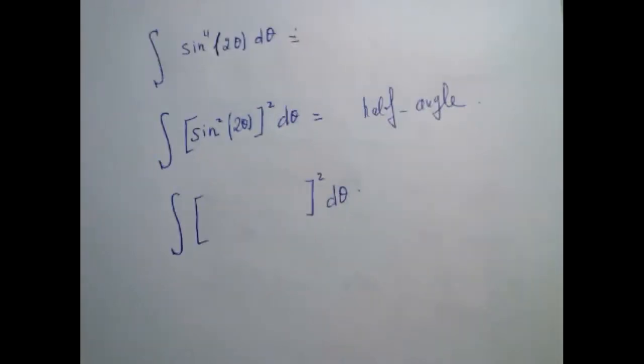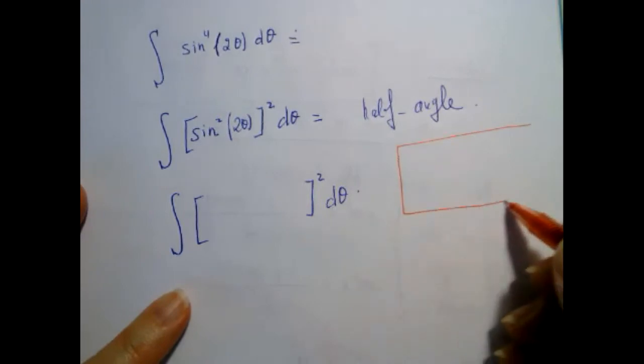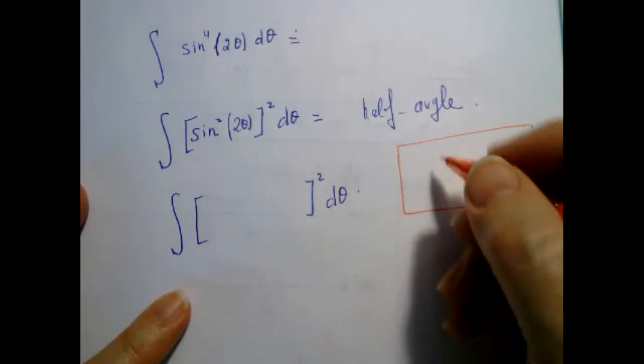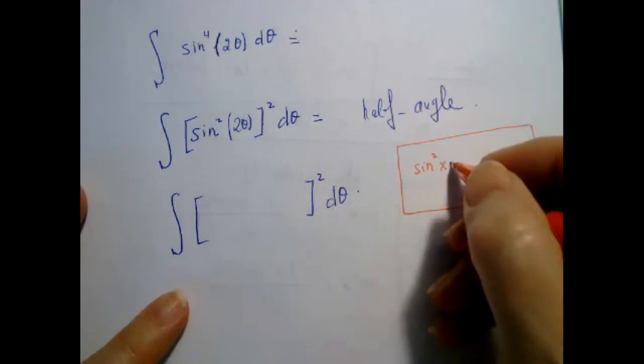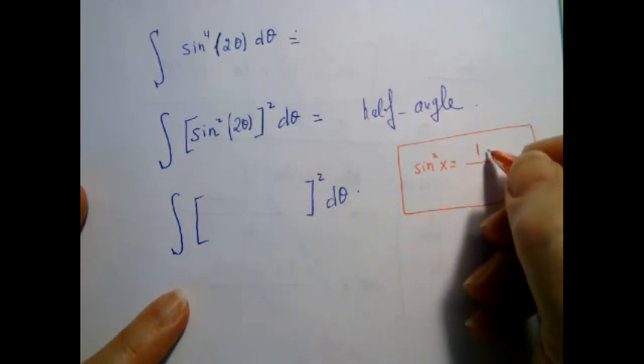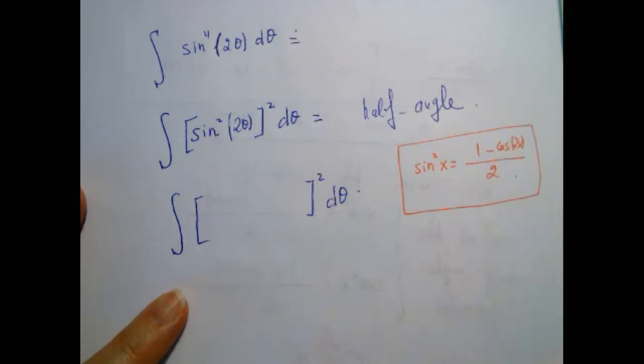Okay, what does the half angle formula tell me here? I'm going to rewrite the basic one, and then you tell me what is true. So the basic one, the one I gave you, is that sine square is 1 minus cosine 2x over 2.